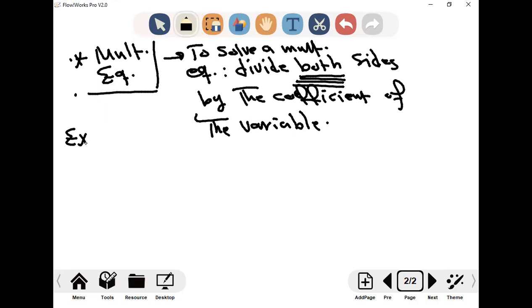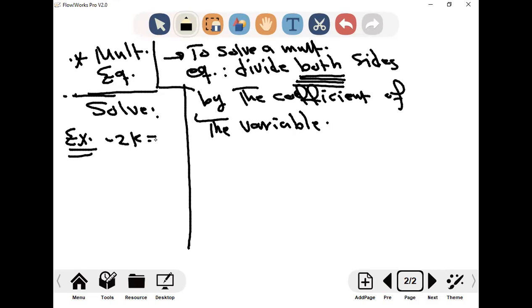Solve. Earlier we wrote negative 2k equals 8. What's the coefficient? We have multiplication, so we divide both sides by the coefficient of the variable.